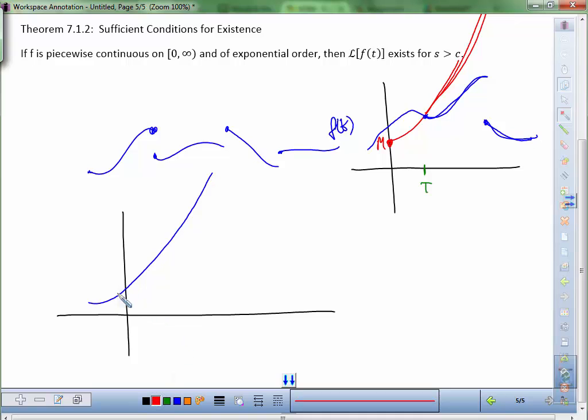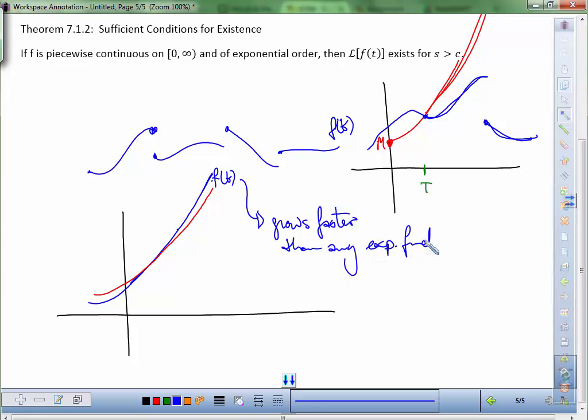So if you had an exponential function, and if your graph eventually passes over it, then it's not of exponential order anymore. Something like this. This is your f of t. And if f of t grows faster than any exponential function, then that's not permitted. Then we don't have a Laplace transform for it.